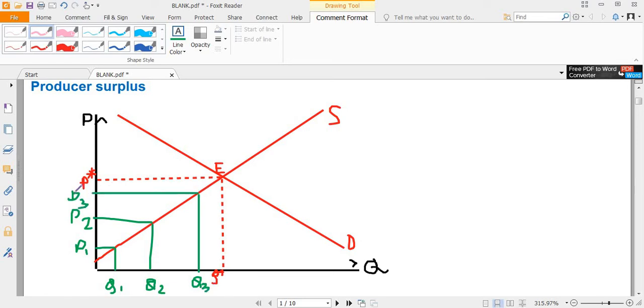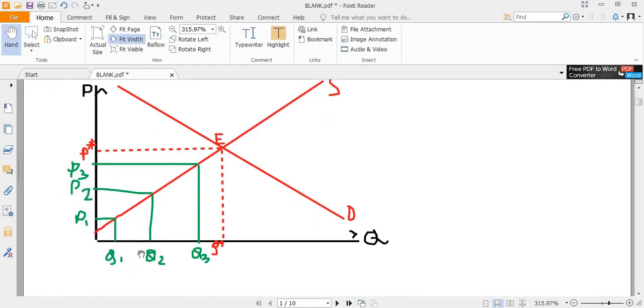This is the standard law of supply, where as the quantity of supply increases, the price increases. Now, when the market is in equilibrium, the producer ends up supplying Q star and ends up receiving P star for each unit of commodity that he supplies.